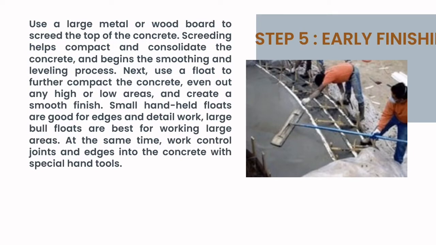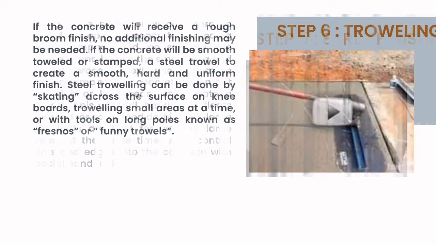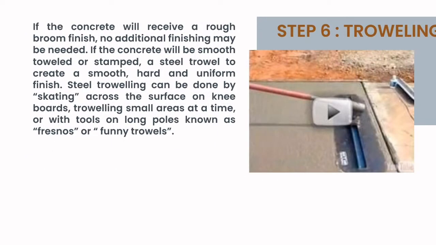Step 5. Early finishing. Use a large metal or wood board to screed the top of the concrete. Screeding helps compact and consolidate the concrete. Step 6. Troweling. If the concrete will receive a rough broom finish, no additional finishing may be needed.